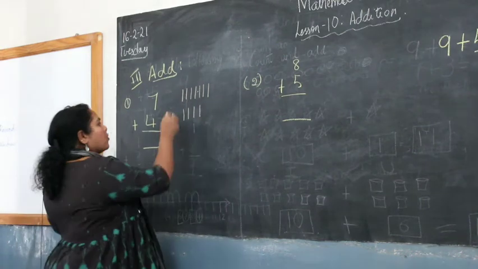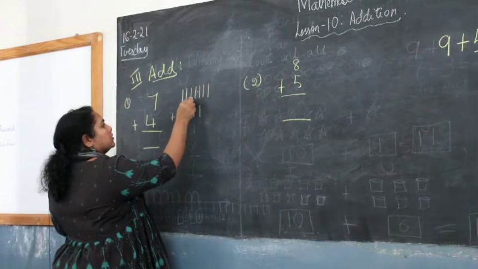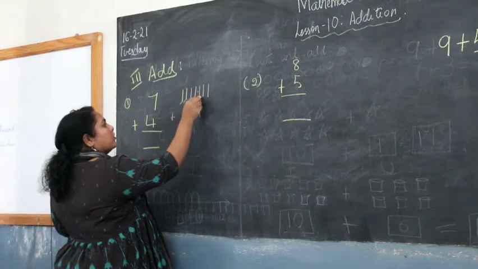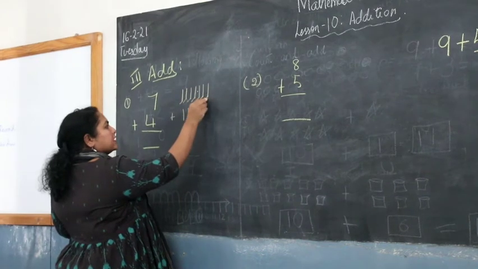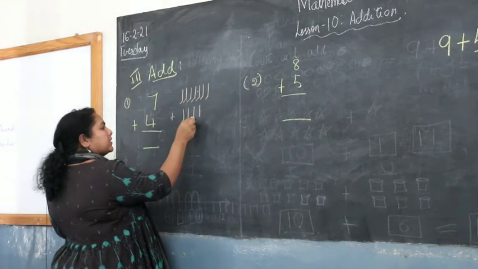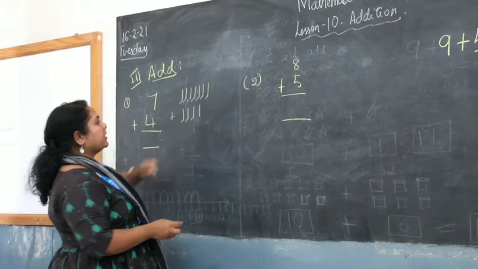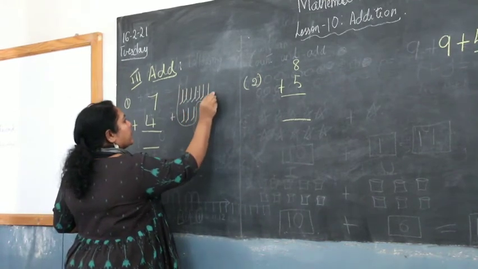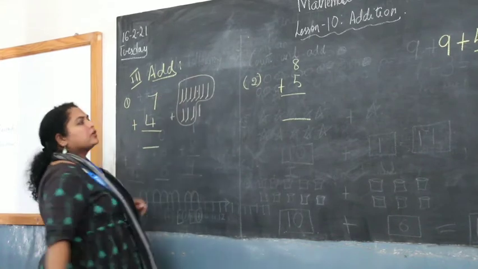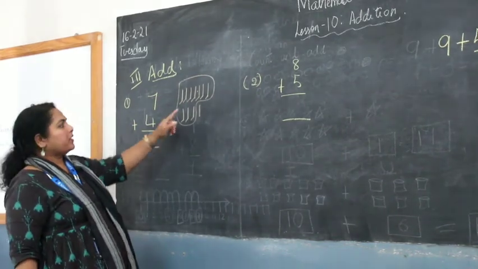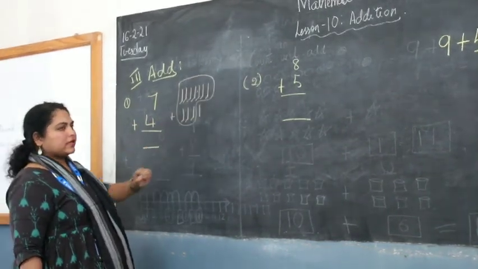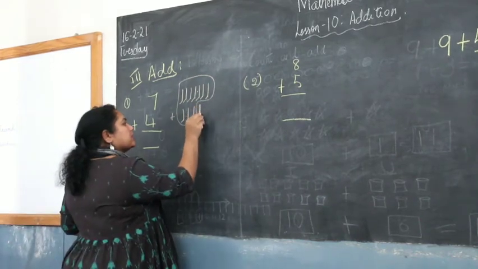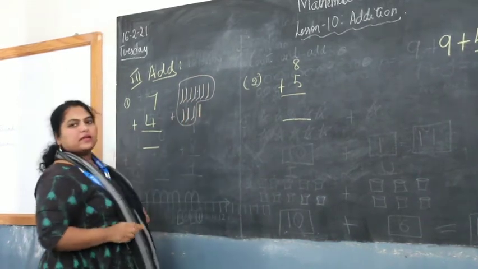Okay, so first 1, 2, 3, 4, 5, 6, 7, 8, 9, 10. So you have 10 up to here. We take the group of 10 first. How many tens do you have? 1 ten. And how many sticks are left?